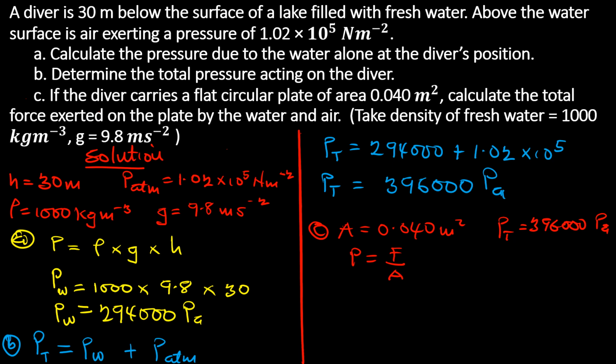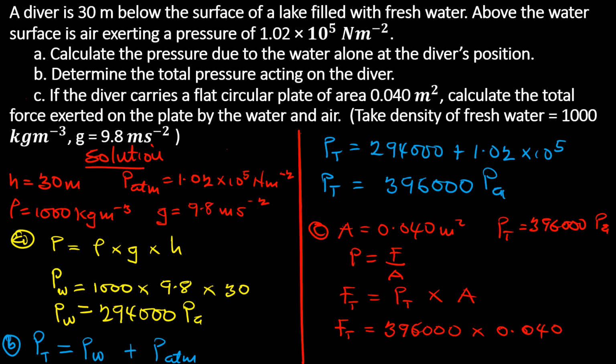So the force, which is the total force, let's make it Ft, will be equal to total pressure times the area of the plate, A. So therefore, total force will be equal to 396,000 times the area of the plate, which is 0.040.